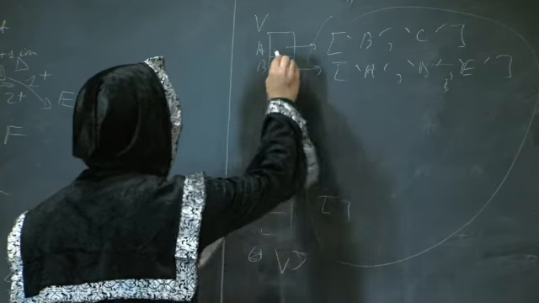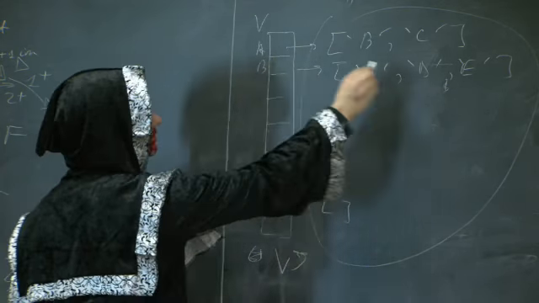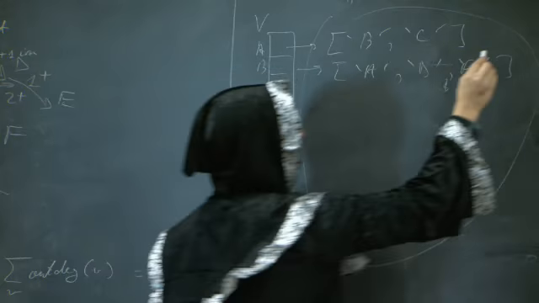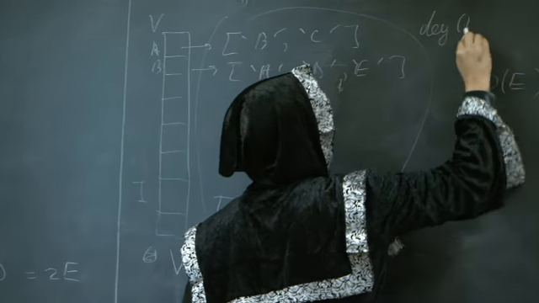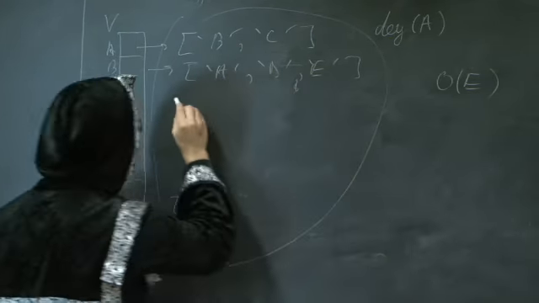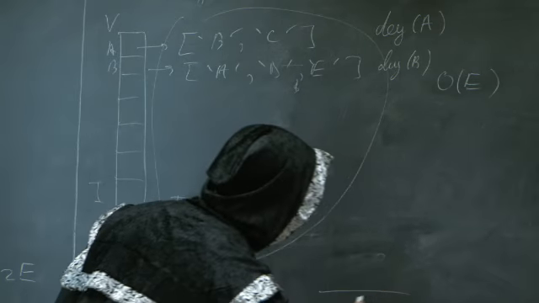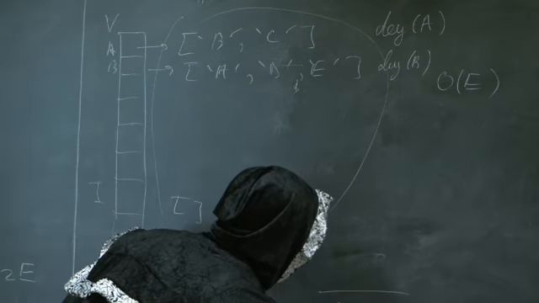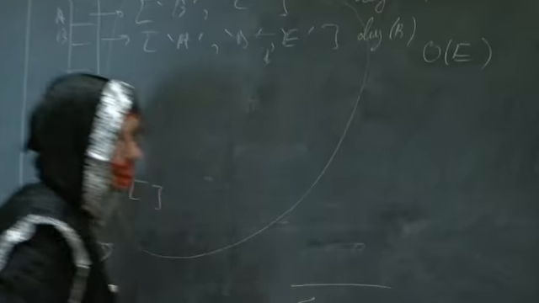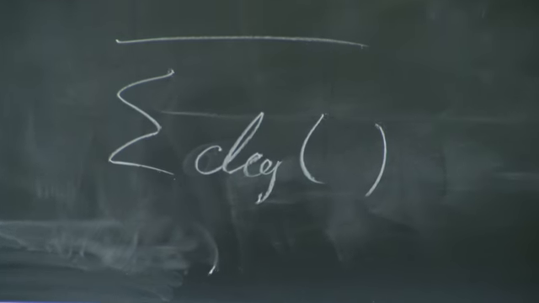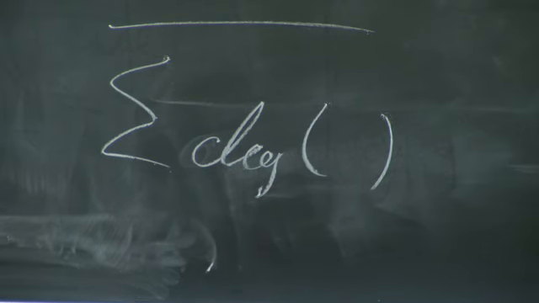So A lists its neighbors, right? The number of neighbors that A has is the degree of A. B lists its neighbors, so this is the degree of B. If you sum up over all of them, what's the sum of all the degrees in the graph? 2E.